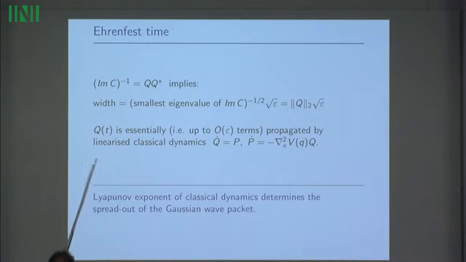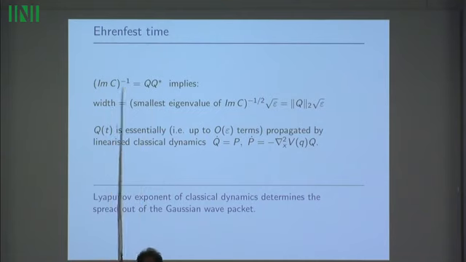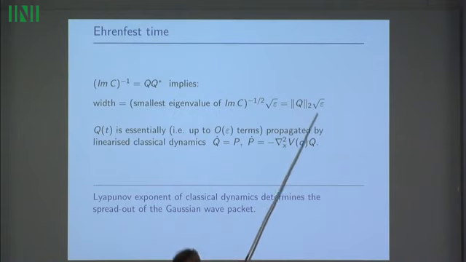And now let's come back. We have to look at the smallest eigenvalue of the imaginary part of C, and the width is then 1 over the square root of the smallest eigenvalue times the square root of epsilon. So that's the width of our Gaussian. Since this inverse is QQ star, this is just the 2 norm of Q times the square root of epsilon.